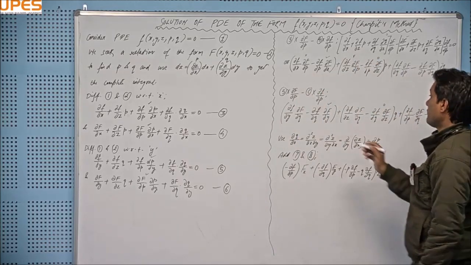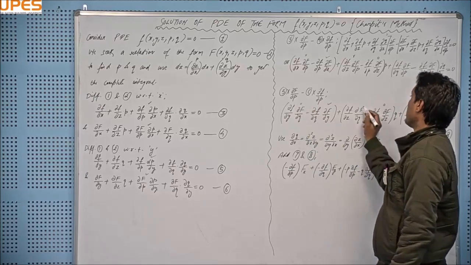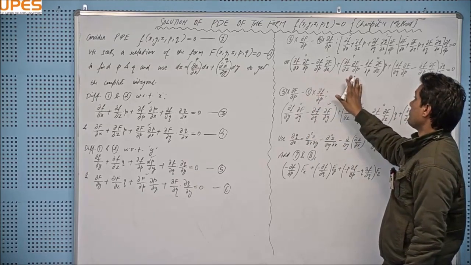And my fifth term will be this term, the del f by del q term, right? So I'm writing the fourth term first.